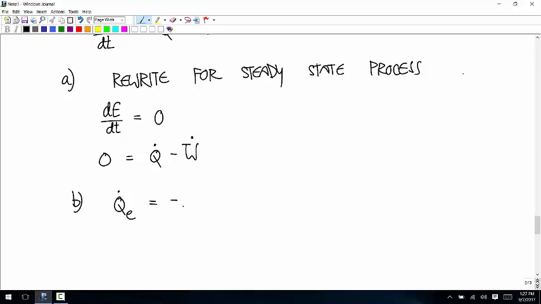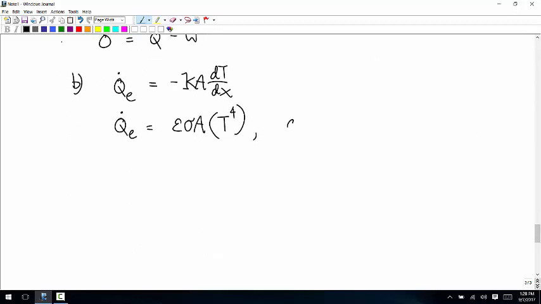For conduction, the rate of heat is equal to negative kappa times A times dT/dx. For radiation, the rate of heat emitted is equal to the emissivity times the constant times the area times the temperature to the fourth, or in the special case where we have a body surrounded completely by a larger body, epsilon sigma A times the quantity temperature of the body to the fourth minus temperature of the surroundings to the fourth.